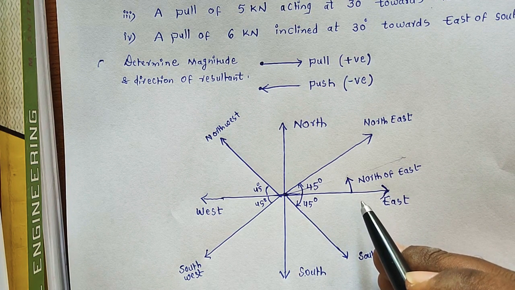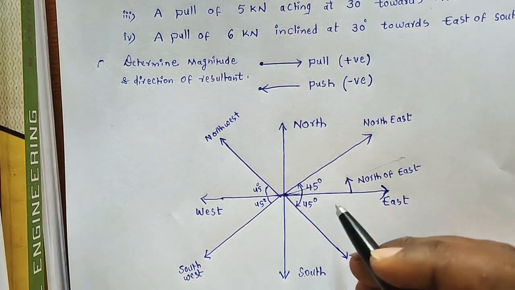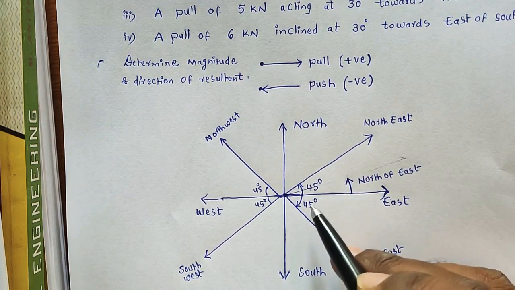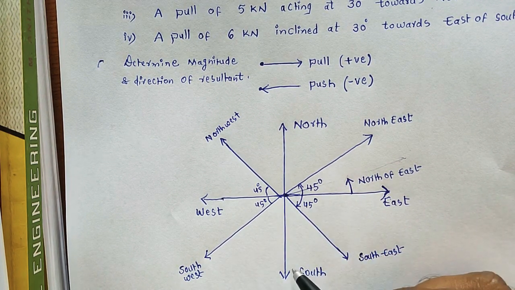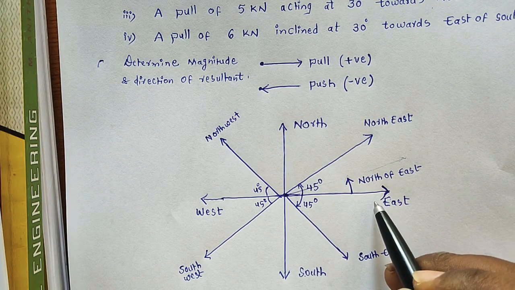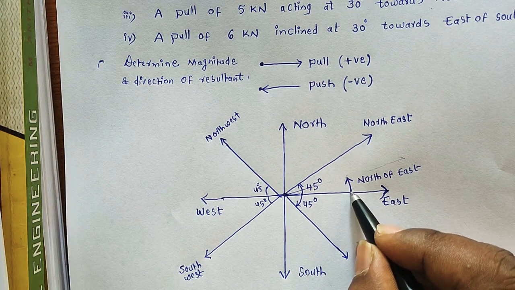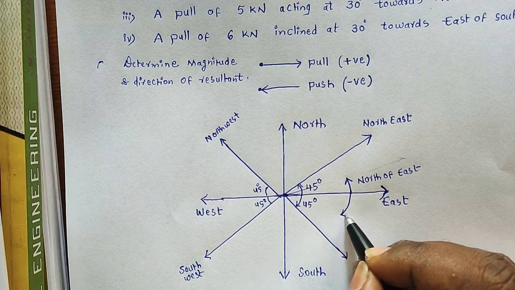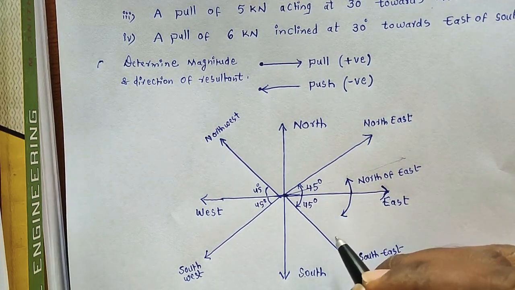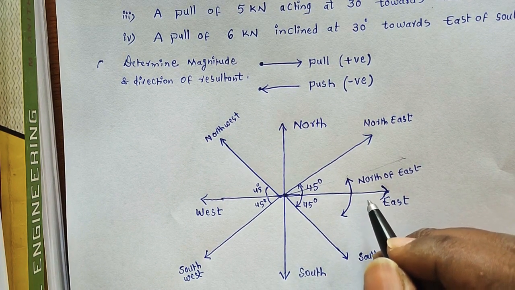So if any force acts towards south of east, then at that time you have to draw this side. You have to draw this south side, because this is south and this is east. So south of east means you have to move from east to south. That means you have to draw a force in between south and east with an included angle which has been given in the problem.